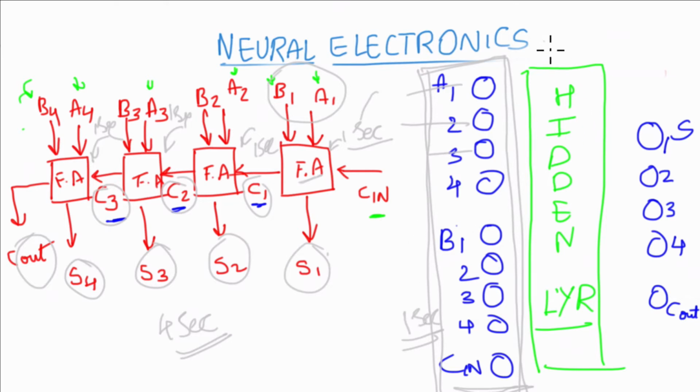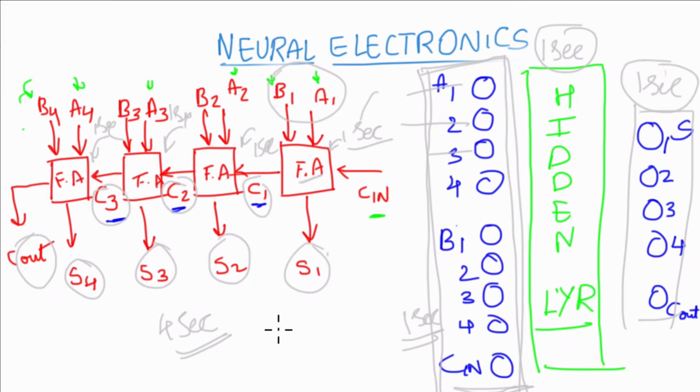And if we have a hidden layer, this will also take 1 second, and then the output layer will also take 1 second. So the total time consumed for this will be 3 seconds, which is obviously less than this, which means it is better.